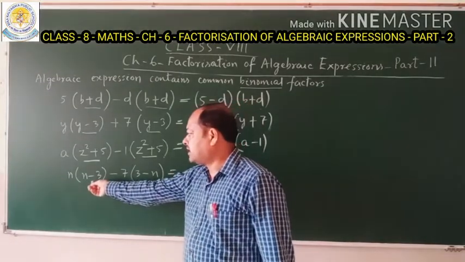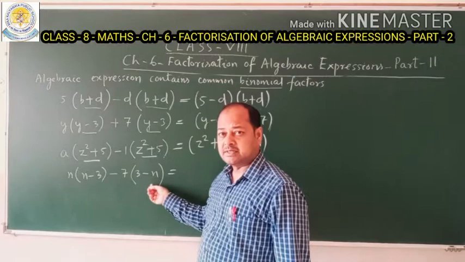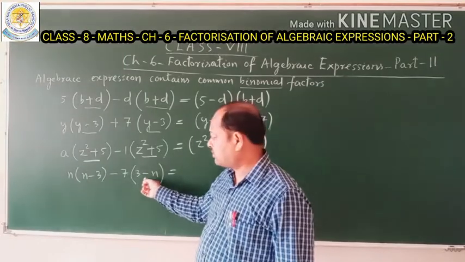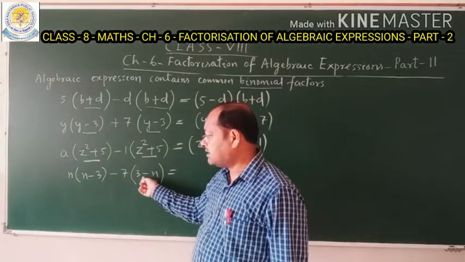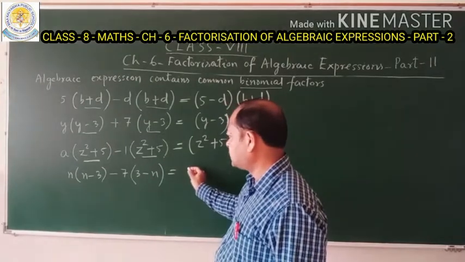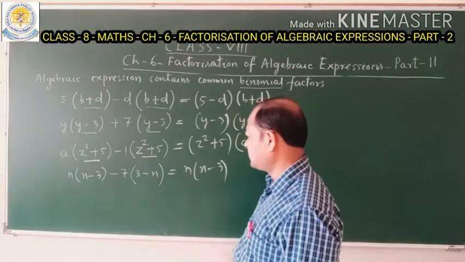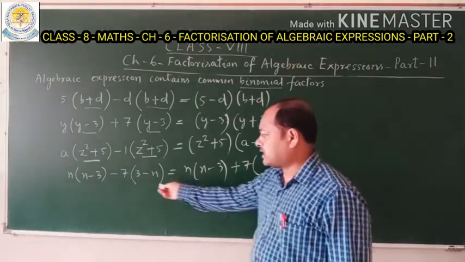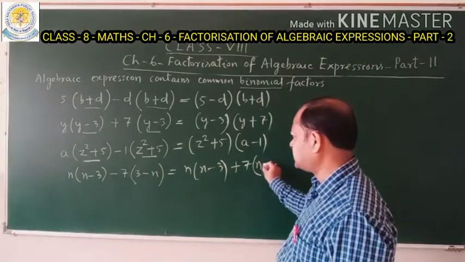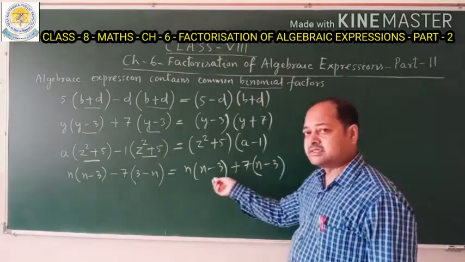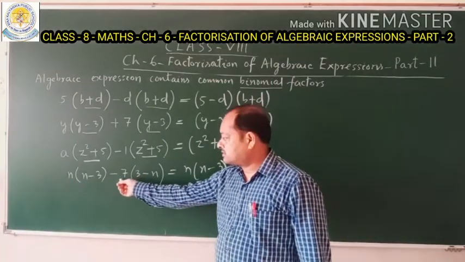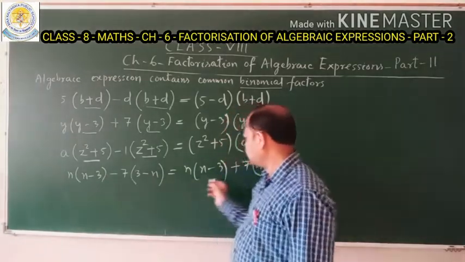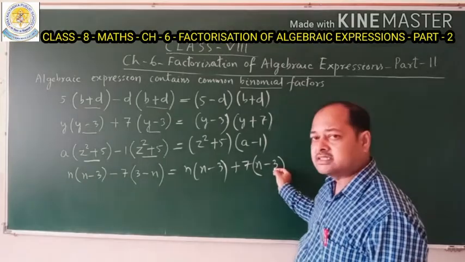Now see this example. Here n minus 3 is given, but there 3 minus n is given. Whenever this condition arises, we can change the sign. If we change the sign, it becomes n minus 3. First write n into n minus 3. If minus 7 becomes plus, we change the sign inside the bracket too. The value is the same: minus 7 multiplied by 3 becomes minus 21, and 7 minus 3 is also minus 21.